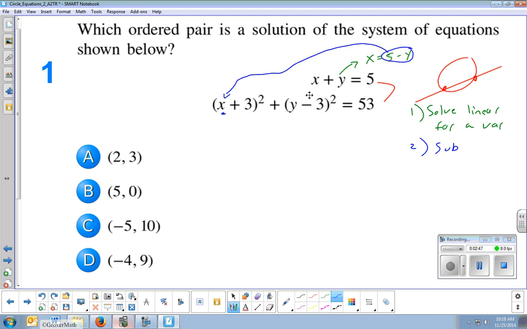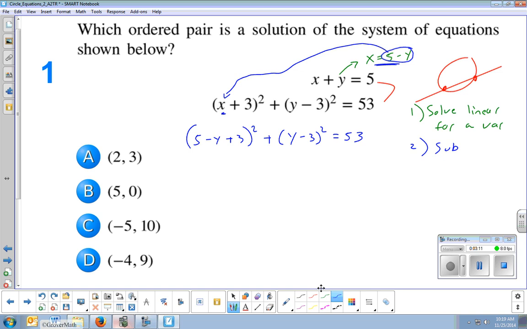That's exactly what substitution is. So I'm replacing this x with 5 minus y, and then I still have the plus 3, and that's squared, plus y minus 3 squared equals 53.